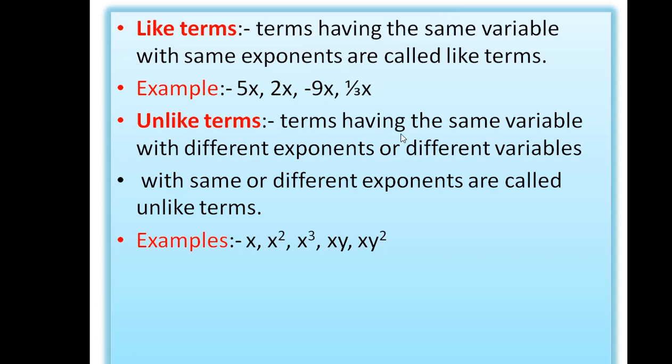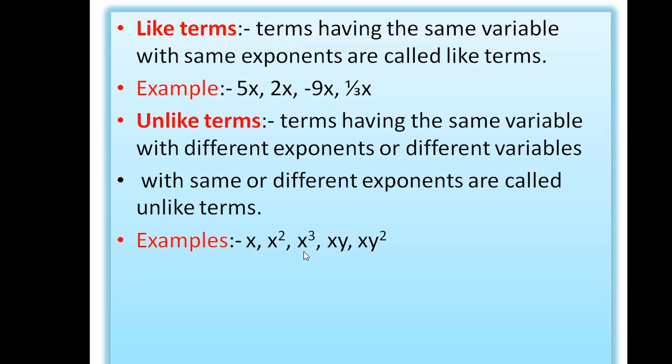Unlike terms. Terms having the same variable with different exponents, or different variables with same or different exponents, are called unlike terms. For example, if you see x, x square, x cube, in the first three examples x is the same variable, but the first has 1 as the exponent, the second has 2 as the exponent, the third has 3 as the exponent.